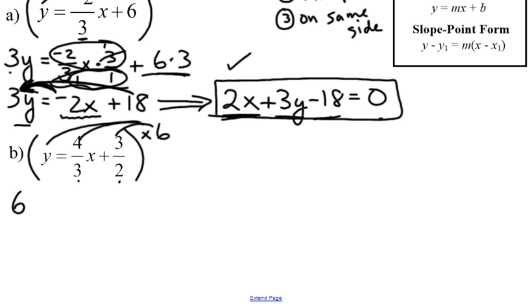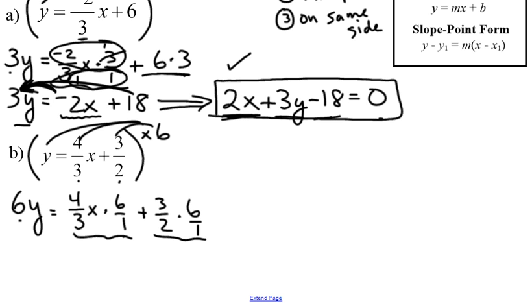So we have 6 times y. We have 4/3 x times 6, which I'll look at as over 1, plus 3/2 times 6 over 1. Everything gets multiplied by 6. So we have 6y equals, 3 and 6 cancel by 3, leave me with a 1 and a 2. 4x times 2 is an 8x.